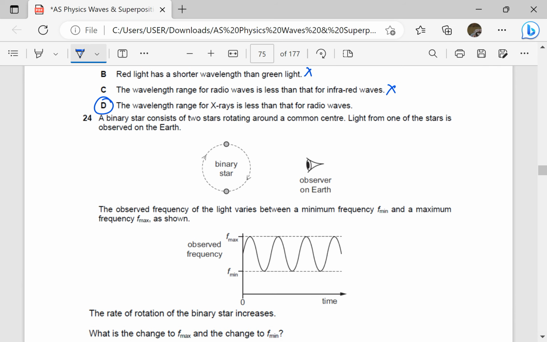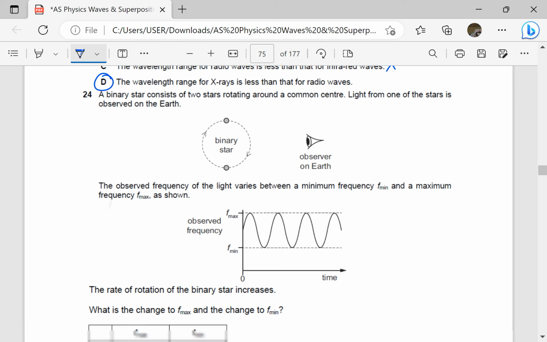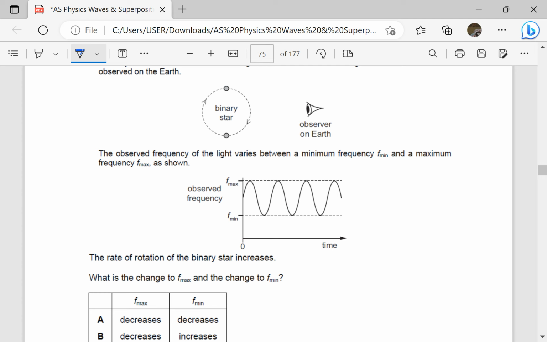A binary star consists of two stars rotating around a common center. Light from one of the stars is observed on the Earth. The observed frequency of the light varies between a minimum frequency F minimum and a maximum F max. The rate of rotation of the binary star increases.